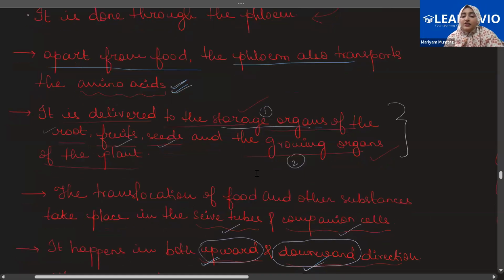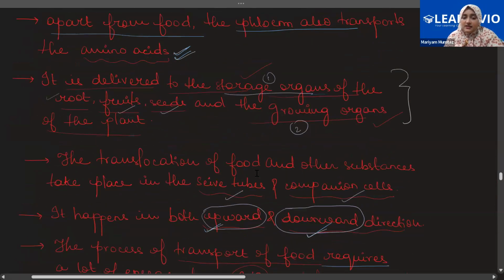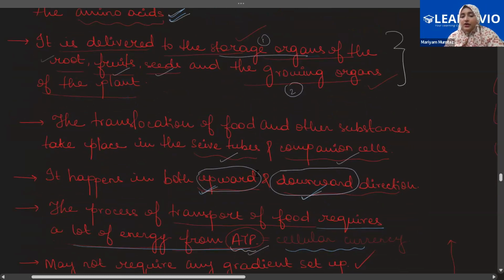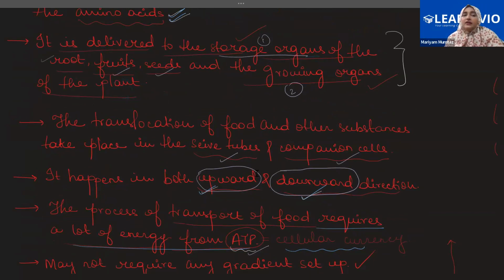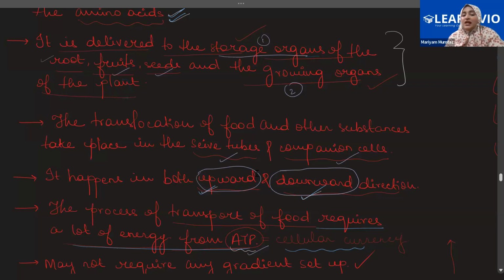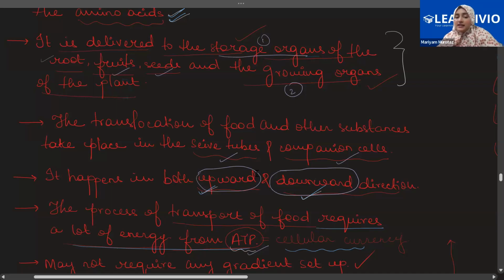Now, the translocation of food and other substances takes place in the sieve tube and the companion cells, because phloem fibers have the property to provide structural support. The phloem parenchyma is responsible for the storage aspect. So the whole process of translocation takes place by sieve tubes and companion cells.